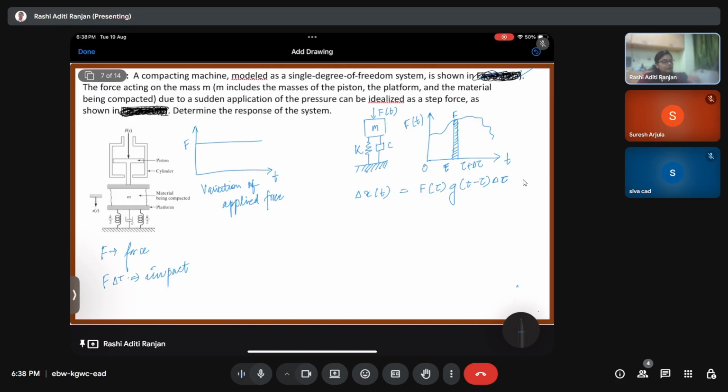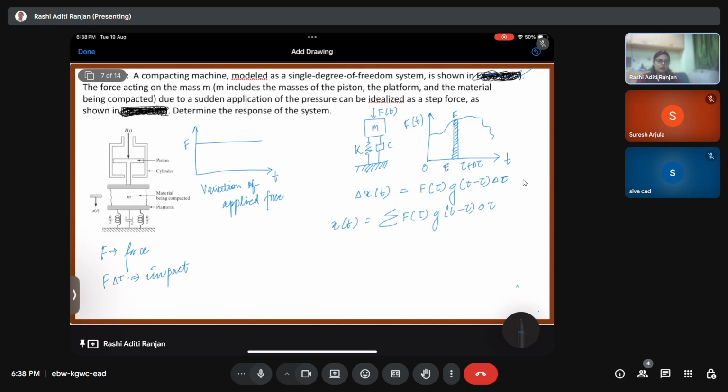Now this is for some delta x. Likewise, I have multiple such parts, so for x of t, I can just put a summation on the right hand side. So x of t is nothing but the summation of F of tau g of t minus tau delta tau.